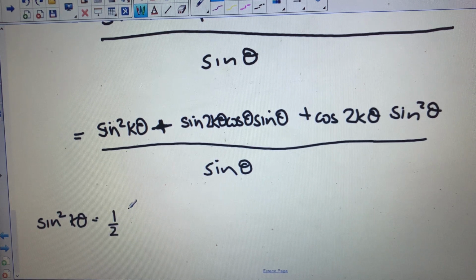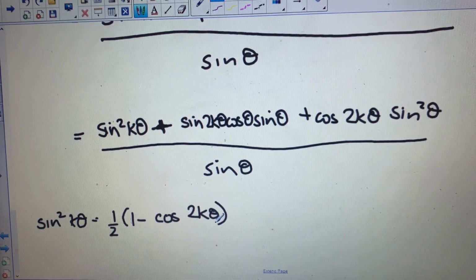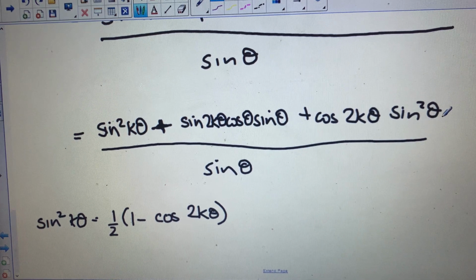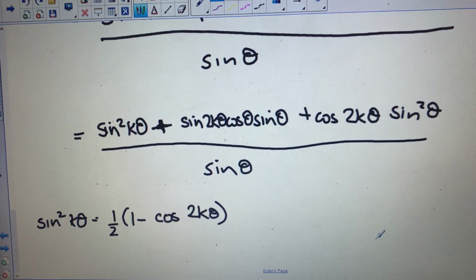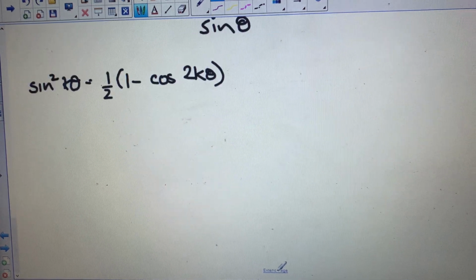So that would be a half 1 minus the cos of 2k theta. Okay, so I'm going to rewrite that. I'm also going to rewrite my sine squared theta using that identity. So let's rewrite the whole thing.